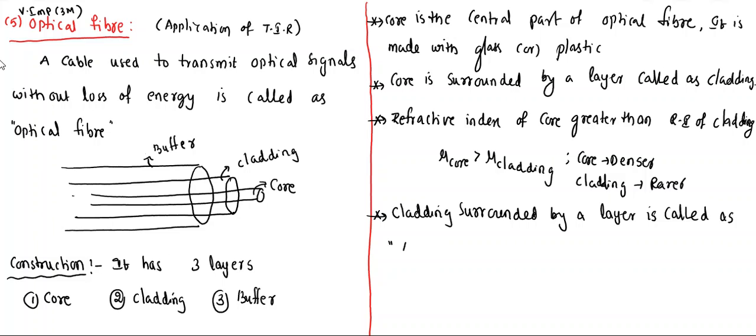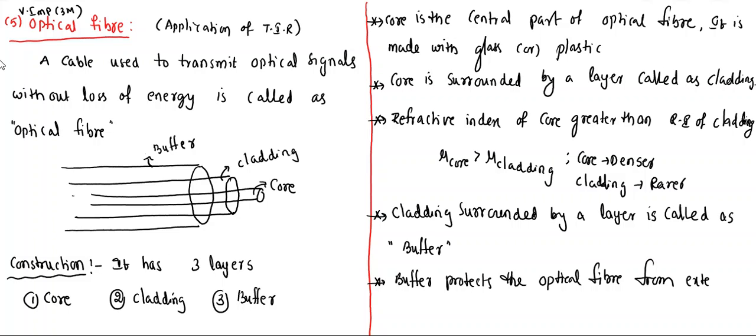What is the use of the buffer? Only core and cladding are used to transmit the signals, but the buffer protects the optical fiber from external damage.